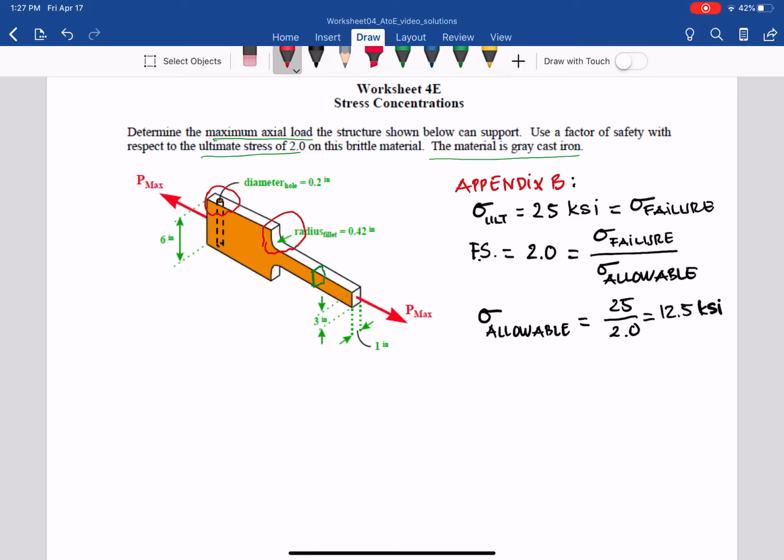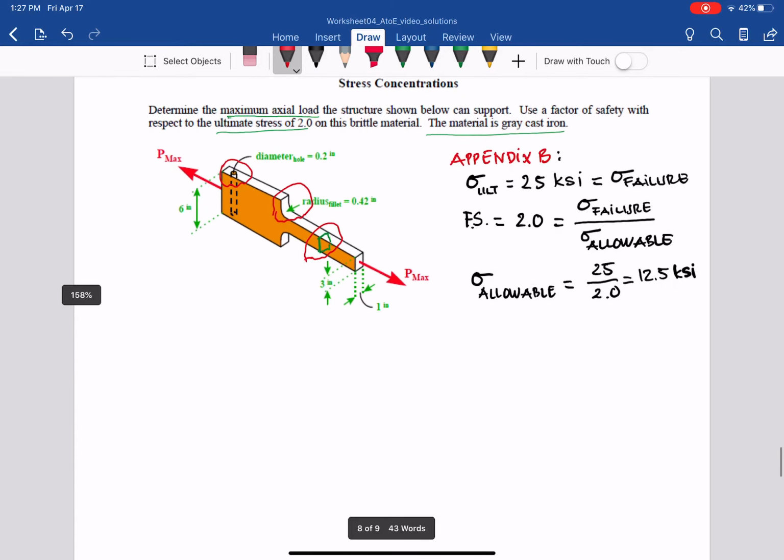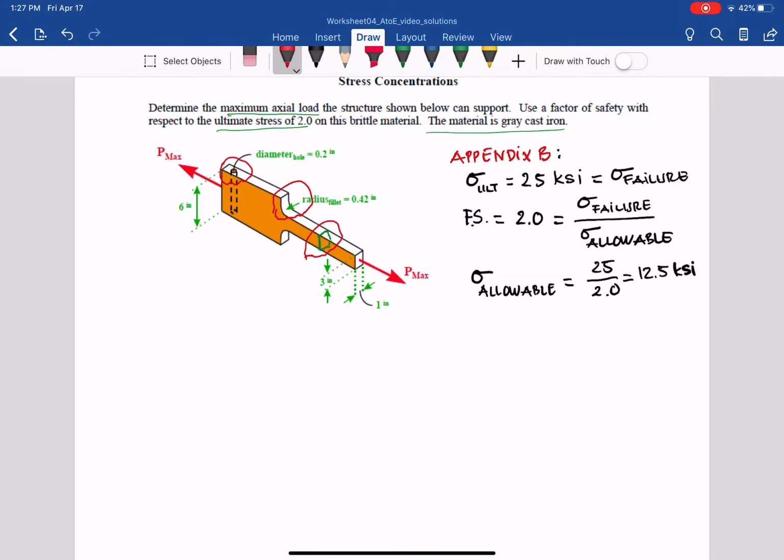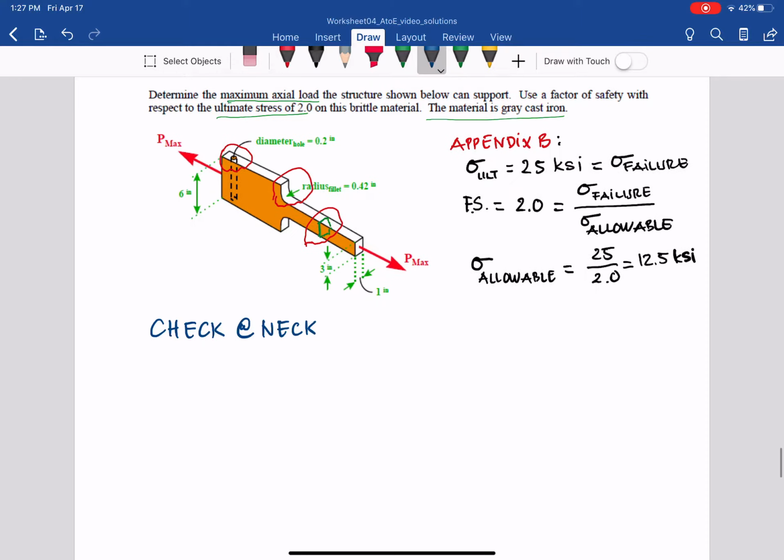The first one is sigma average for the smaller of the two cross sections. Let's do it one by one. First we check at the neck, the smaller one.